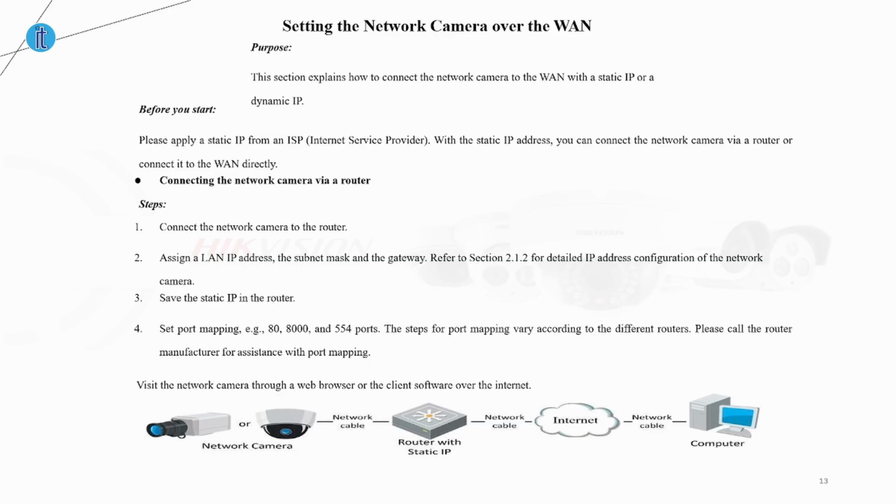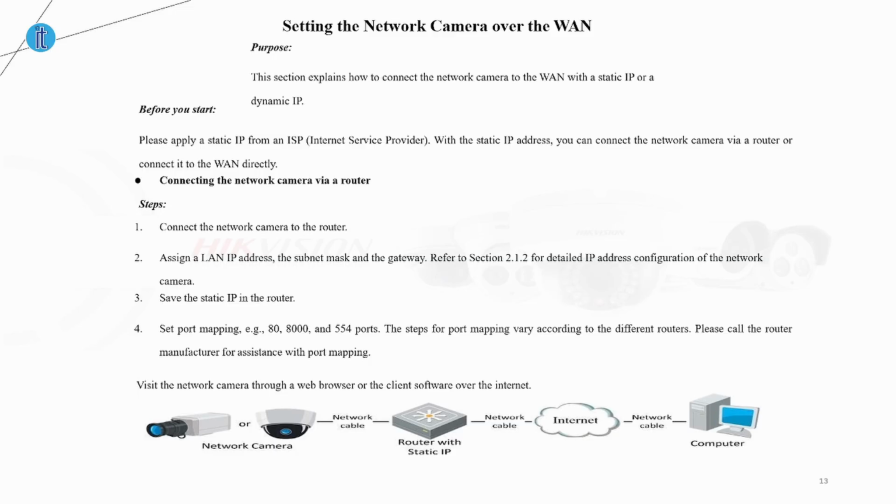Now, the IP address configuration of the network camera should be assigned from the LAN IP address. Understand this, please. Save the static IP in the router. You see that? Save the starting IP address in the router.